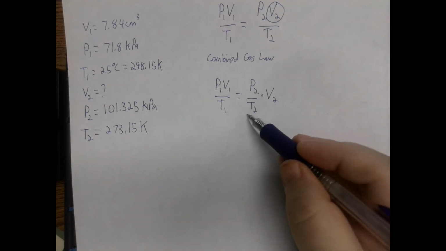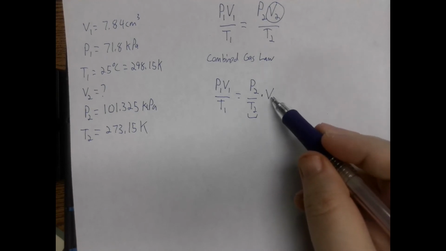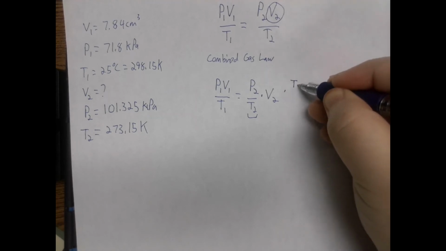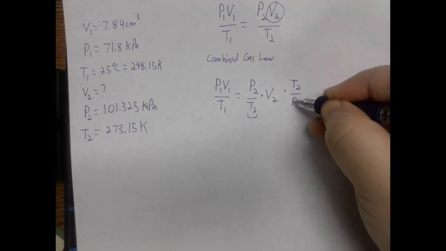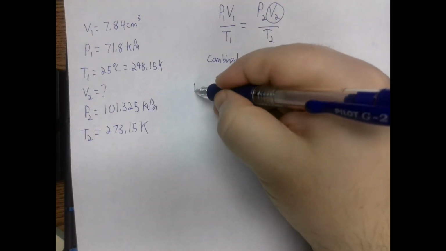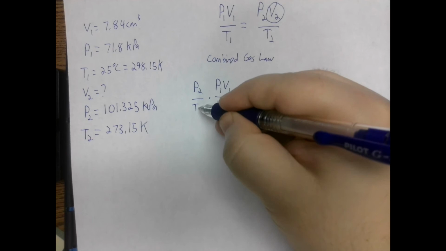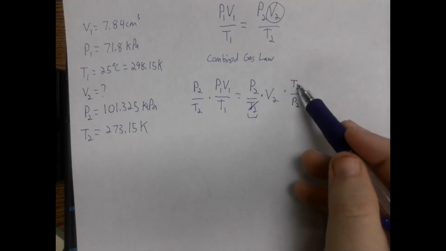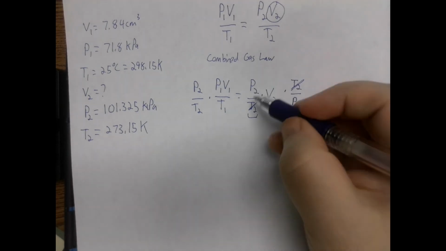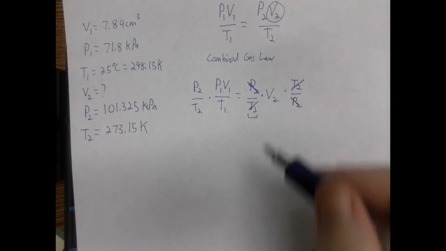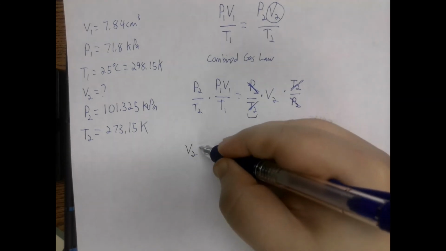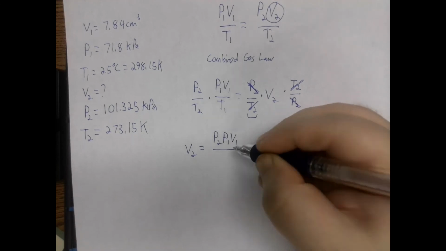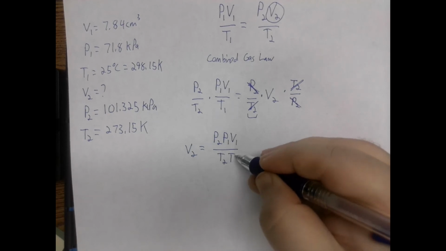If you have a fraction multiplied against your variable that you're solving for, you can multiply both sides by the reciprocal. The reciprocal would be T2 divided by P2. T2 divided by T2 cancels each other out. P2 divided by P2 cancels each other out, and we're left with just V2. So V2 is equal to P2 P1 V1 divided by T2 T1.